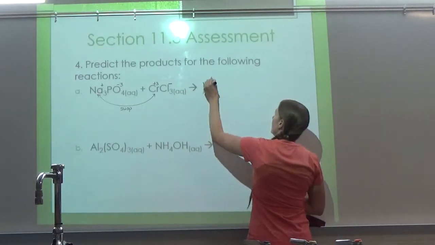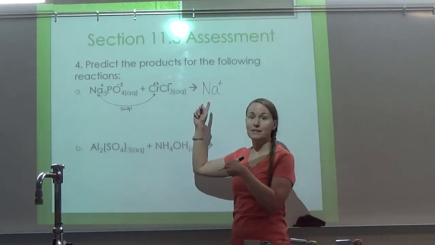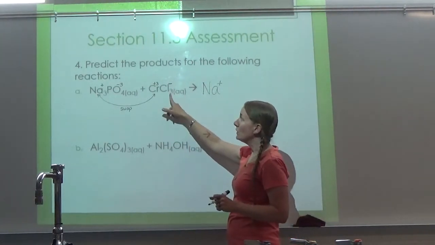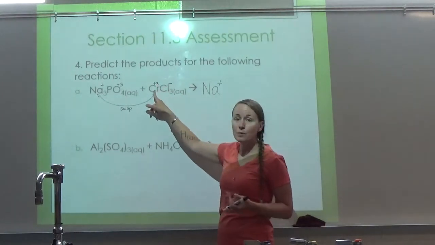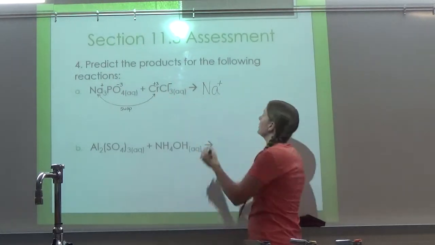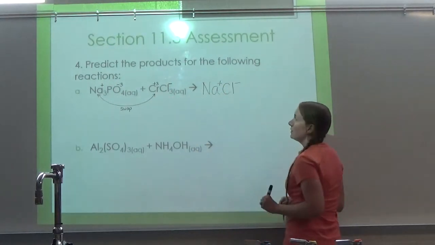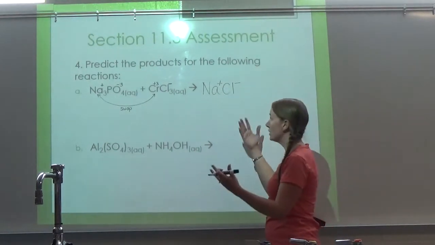So I'm just going to bring over Na positive. I put the Na first, by the way, because it is the positive. Cl only has this 3 because we had to cross charges with chromium. That's how it balanced the charges. It's not with chromium anymore, so I'm just going to bring over 1, Cl minus. Positive and negative cancel, so we're good to go there.